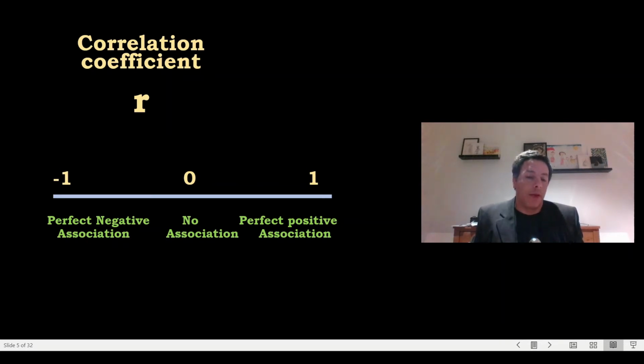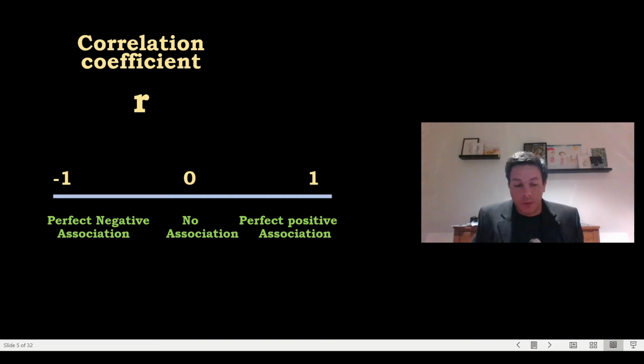You may think, why is it useful if one goes up, the other goes down? Well, you can make a prediction of the values of the other variable, even though it goes in the opposite direction. You can establish the relationship between the variables.